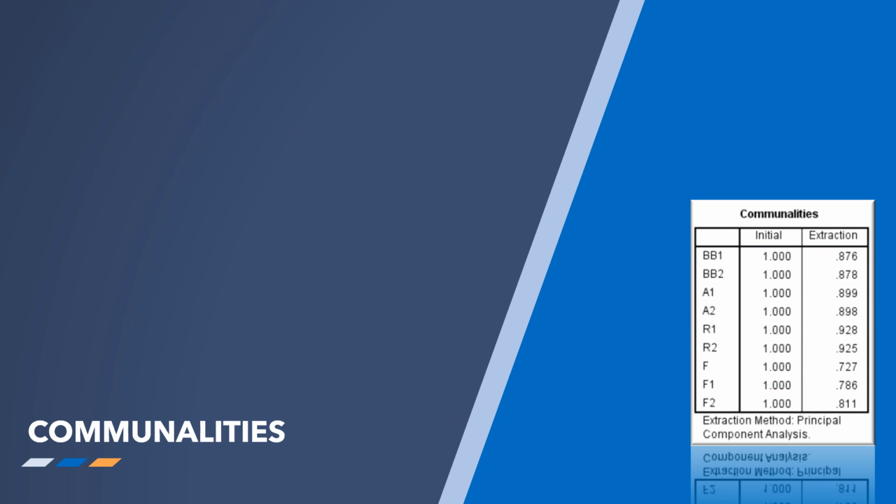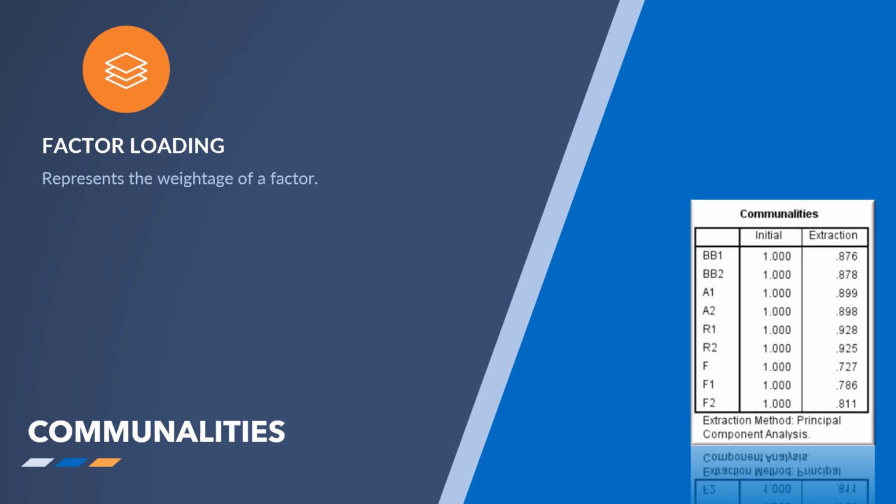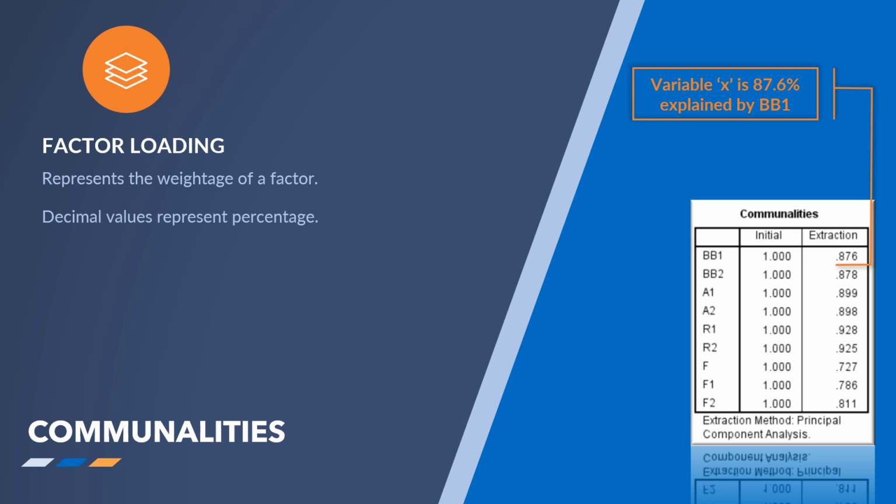The communalities table shows the factor loadings, or to what extent the statement loads on a factor. This is represented through the extraction value. And there is no ideal extraction value as such, and it's represented in decimals, which translates into percentages. For example, here in this table, the first factor loading is for the statement BB1, which shows an extraction value of 0.876.